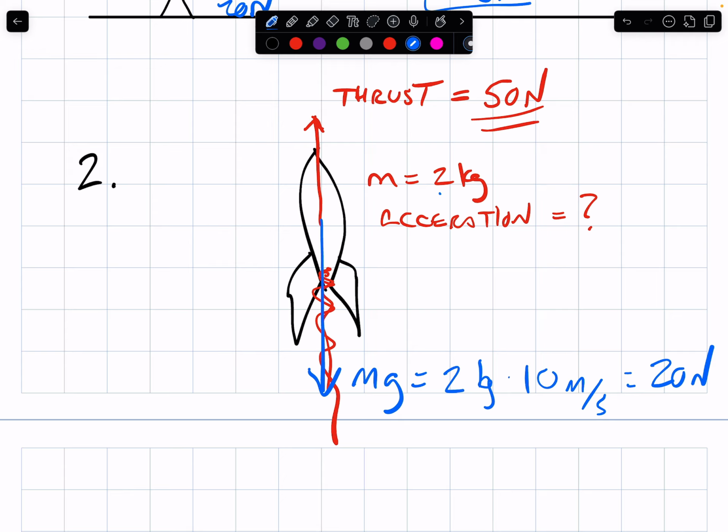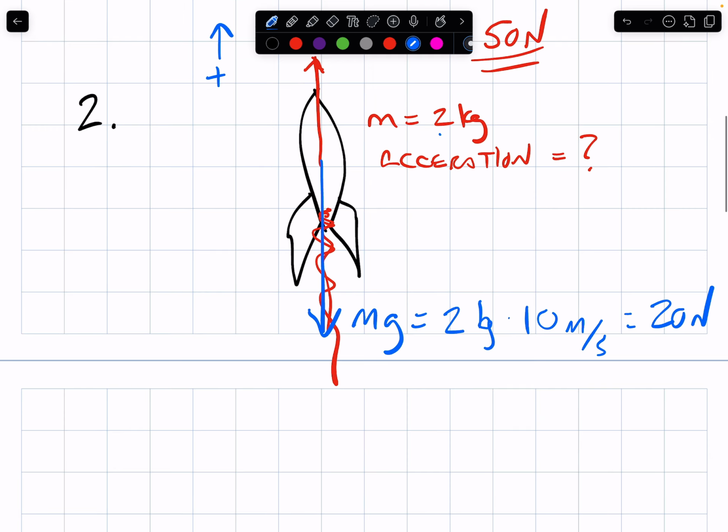I have 2 forces now, so I'm going to write down Newton's second law. In this problem, I'm going to call up the positive direction. So net force equals mass times acceleration.